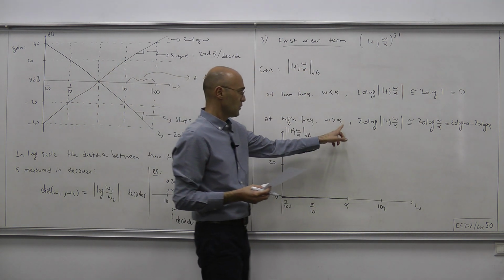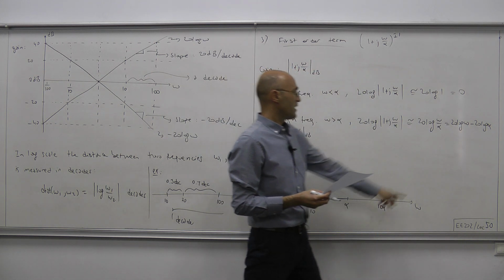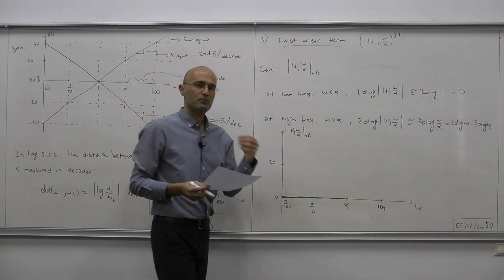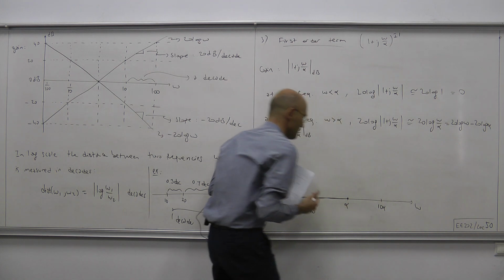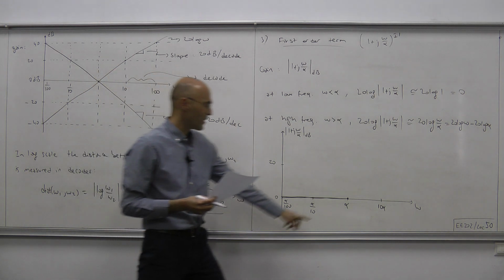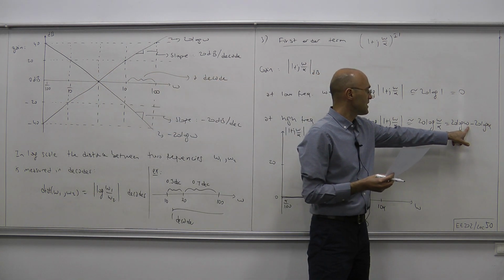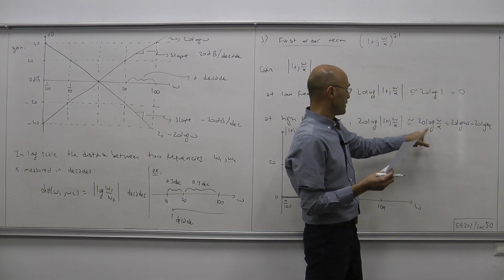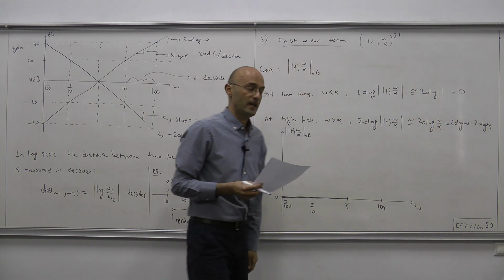Let's also figure out that curve. When omega equals alpha, we have 20 log alpha minus 20 log alpha, that produces 0. So our high frequency asymptote passes through that point: omega equals alpha and the gain equals 0 dB. And at, let's say, 10 alpha, we have 20 log 10 alpha over alpha, which is 20 log 10, that's 20.